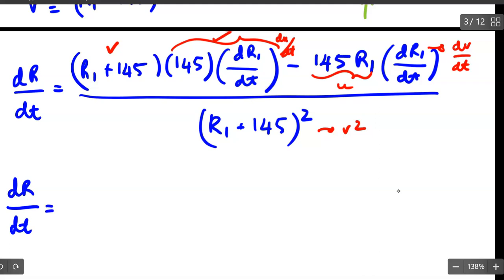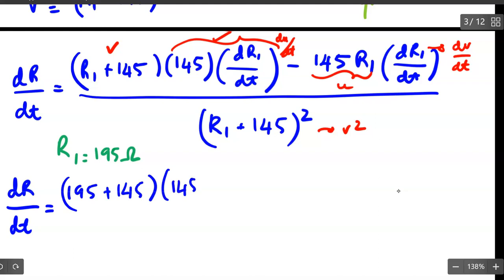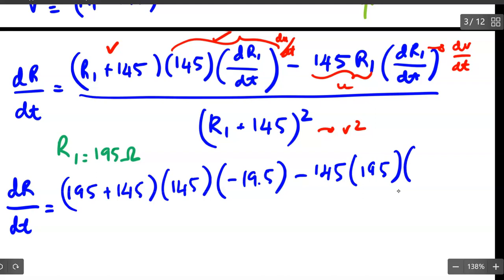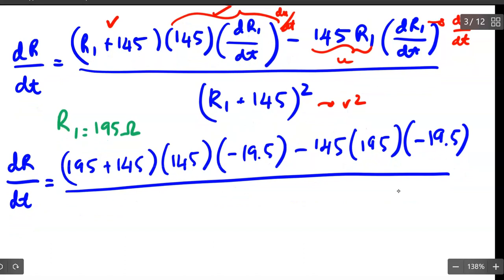Now I'm going to substitute the values given to me into this differential equation. So this is when you substitute R1 equal to 195 ohms. I will have 195 plus 145, multiplied by 145 and multiplied by negative 19.5, and subtract 145 times 195 multiplied by negative 19.5. The whole thing divided by 195 plus 145, all of it squared.